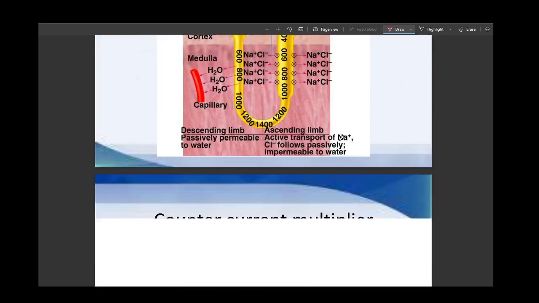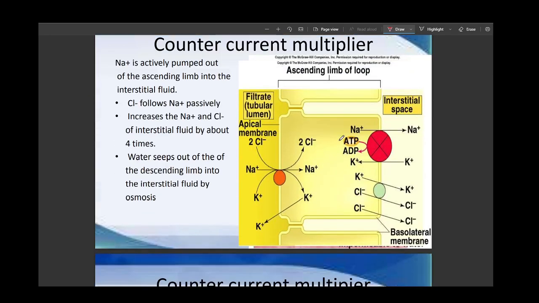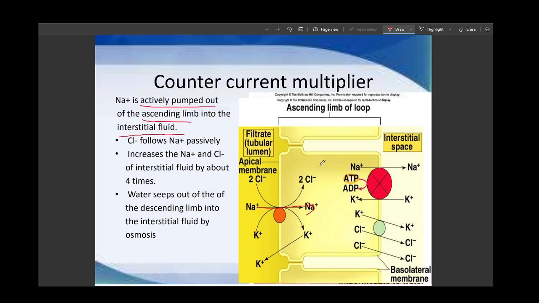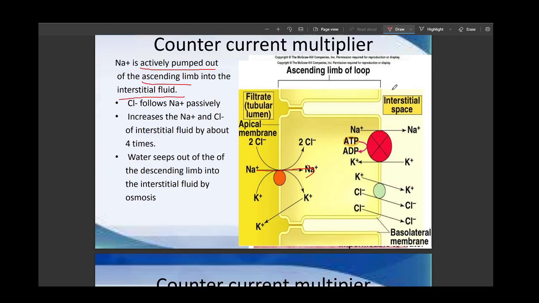Okay, this is also the explanation of the countercurrent multiplier, which I told you. Basically, see, Na is being actively pumped out of the ascending limb into the interstitial fluid. Basically, this is the interstitial space.